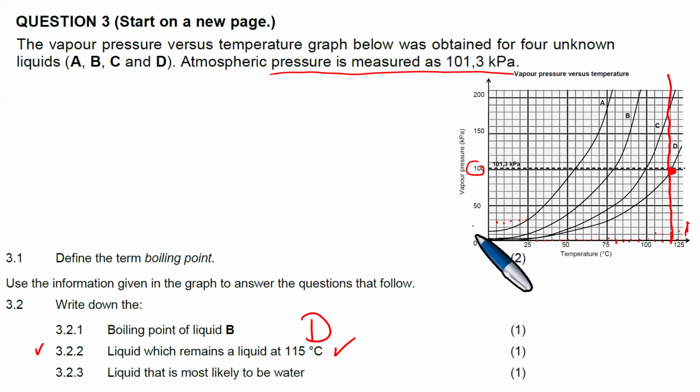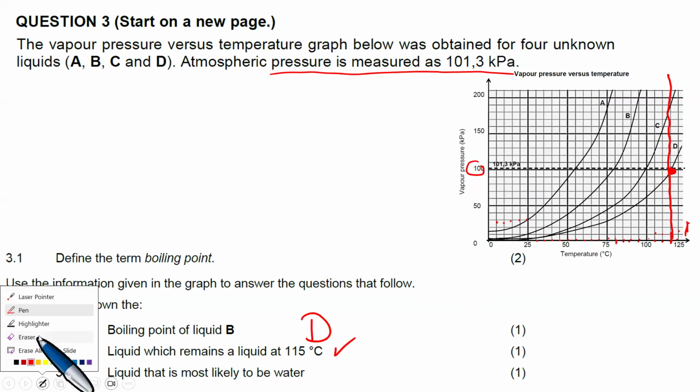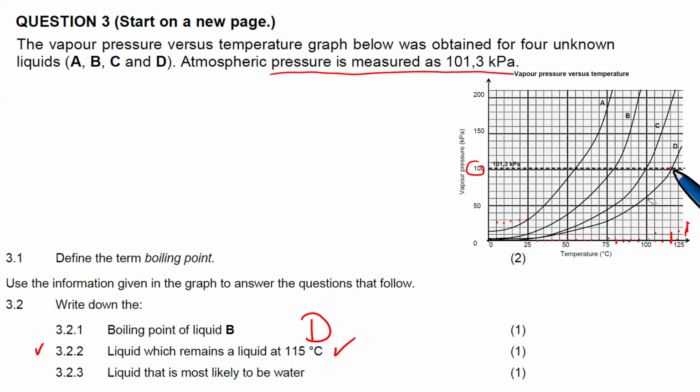But at this point, you're able to see that these are the vapor pressure values. Obviously, if I remove this mark, we are able to see that there's a liquid which remains a liquid at 115, and it is certainly liquid D at 115 degrees Celsius.